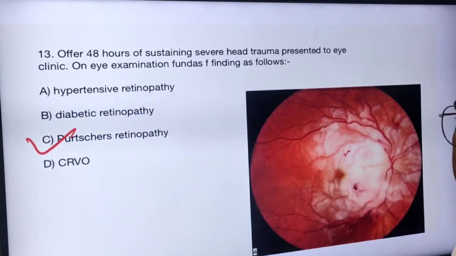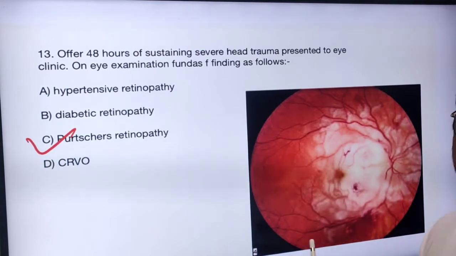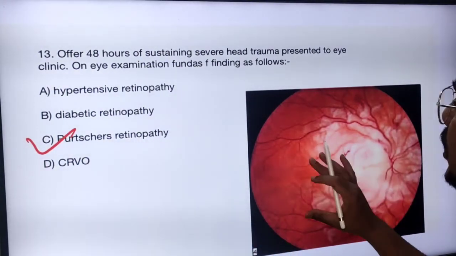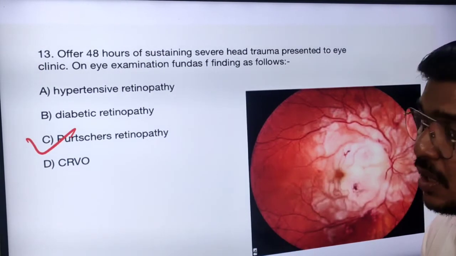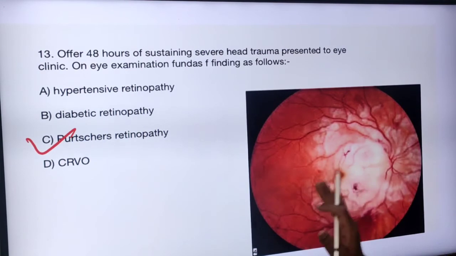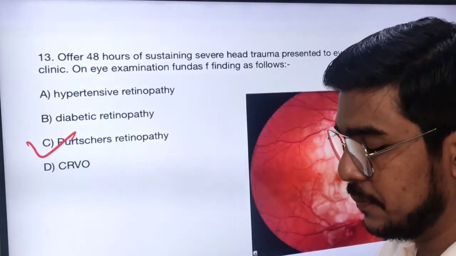In CRVO, all of the area mostly becomes ischemic, but whitish discoloration is not peculiar to CRVO. So the most appropriate answer to this condition is Purtscher retinopathy.